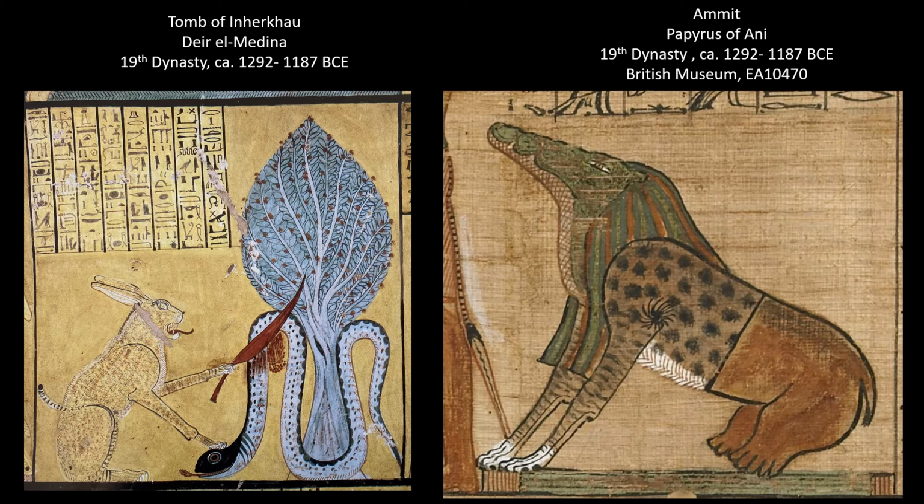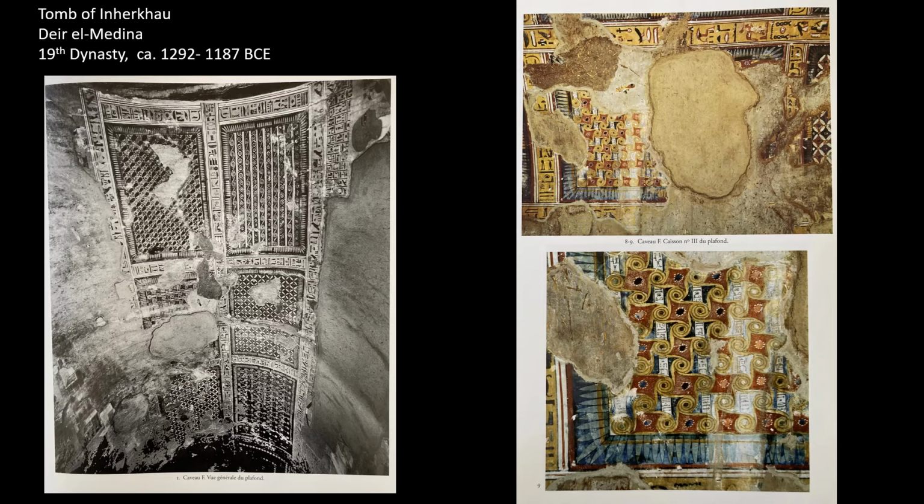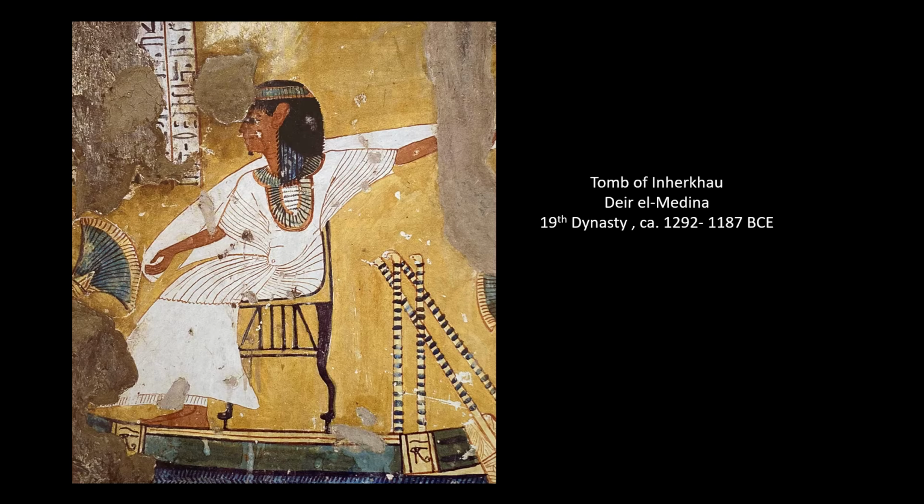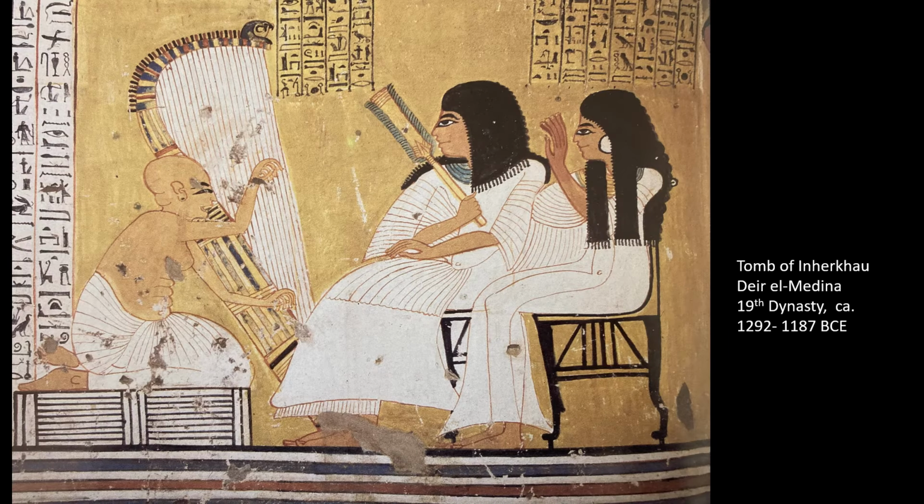So if we look at Intercow's tomb and look at the ceiling decorations, they're rather unusual patterns. And we also have other details in the tomb that break away from the ancient Egyptian canon of representation, such as this depiction of Intercow seated on a bark, wrapping a piece of linen around his shoulders, and this motif showing the blind harper with squinted eyes and an open mouth.